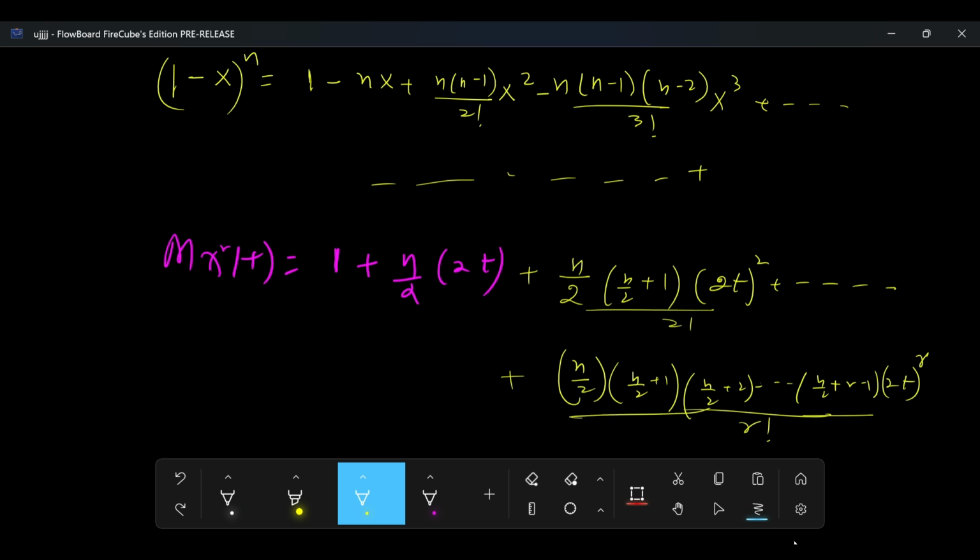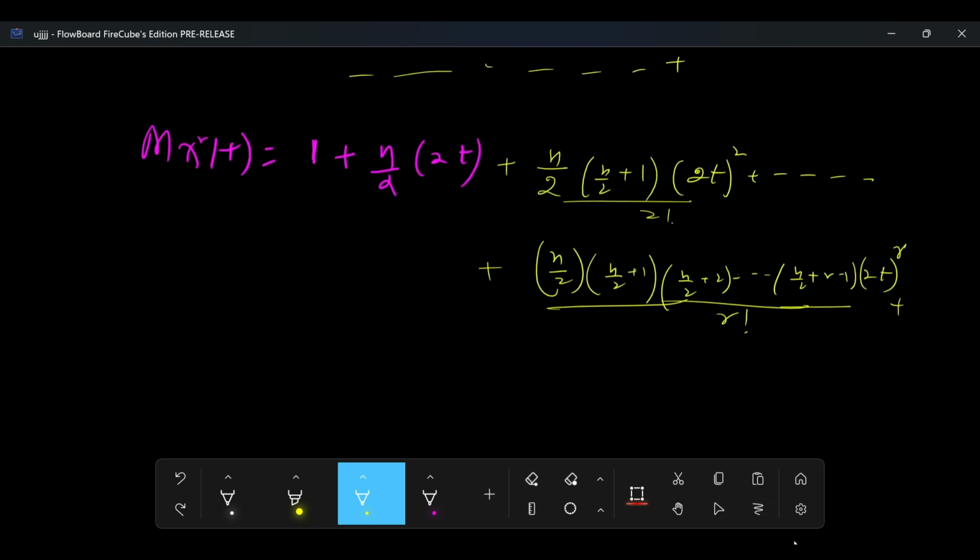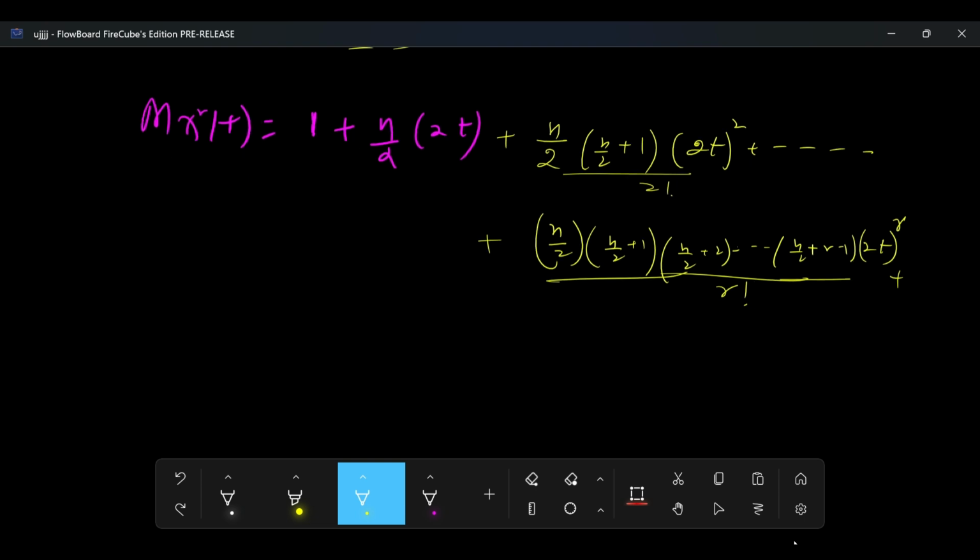Here it is 2 factorial, plus up to and so on. So now what's mu r dash? Mu r dash is the coefficient of t to the r upon r factorial in the expansion.